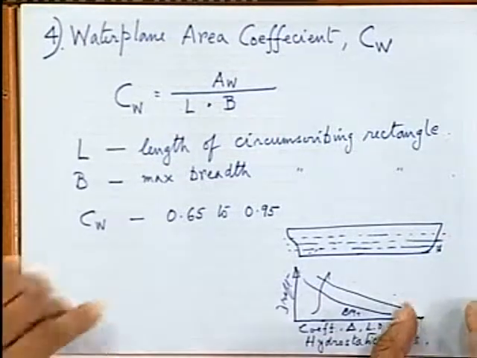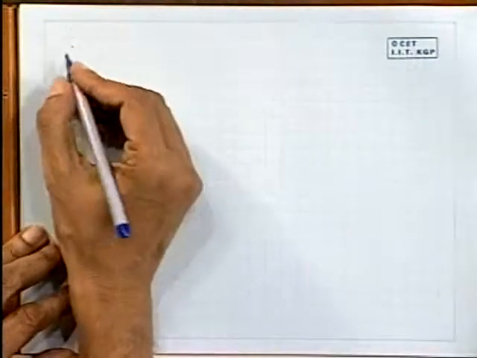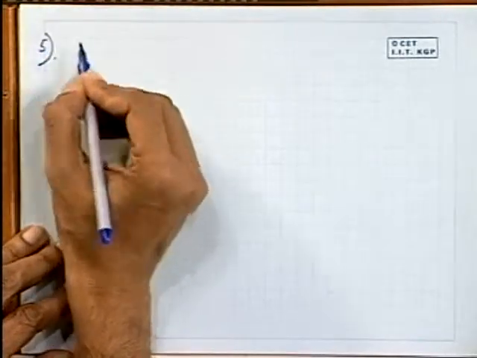Now the last coefficient which is important if one wants to know the vertical form of the ship is called the vertical prismatic coefficient.